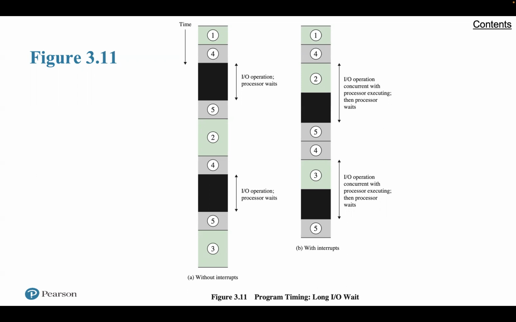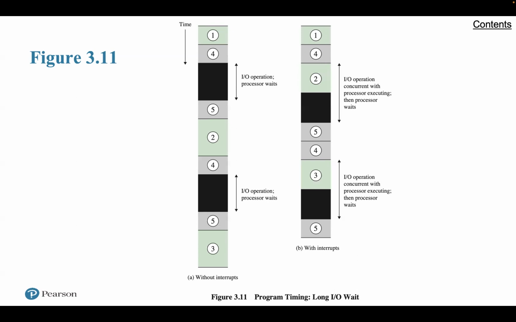Referring back to 3.7c indicates the state of affairs. In that case, the user program reaches the second write call before the I/O operation spawned by the first call is complete. The result is that the user program is hung up at that point.